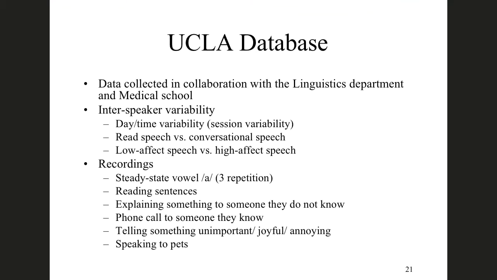So it was really interesting. We had different styles: steady state vowels, reading sentences, explaining something to someone you don't know, then making a phone call to someone you know, and speaking to pets. That was really interesting. The reason why we chose this is because it has similarities to how parents speak to their infants.